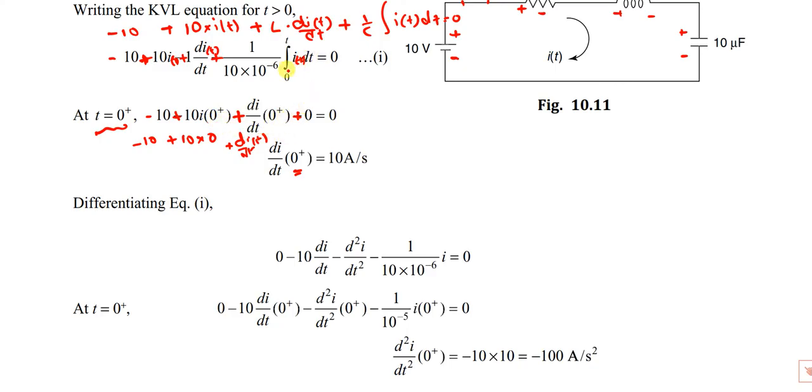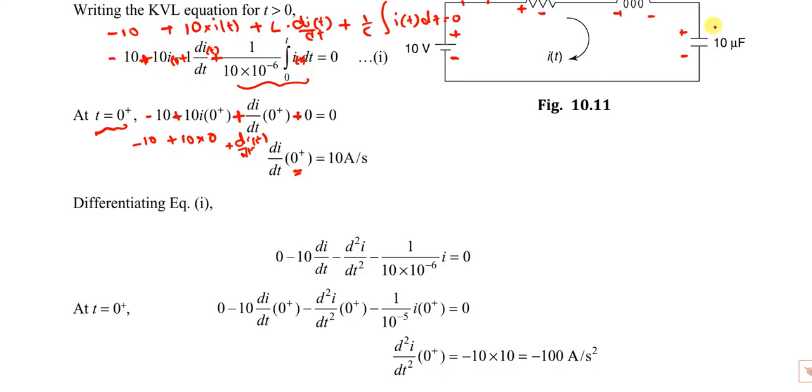If you check the voltage of the capacitor just after switching, the integral from 0 to t, just after means no time has happened, so delta t is 0 only. If delta t is 0, this voltage, 1 by c integral of I of t dt, is 0 only.